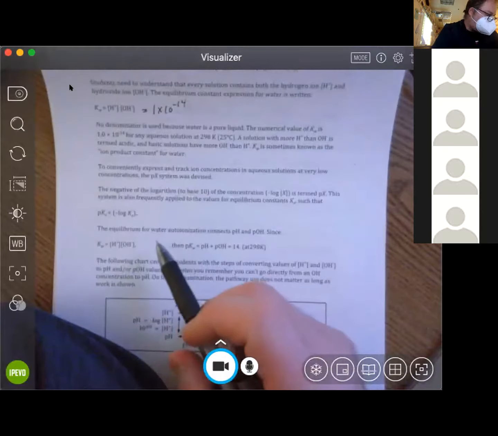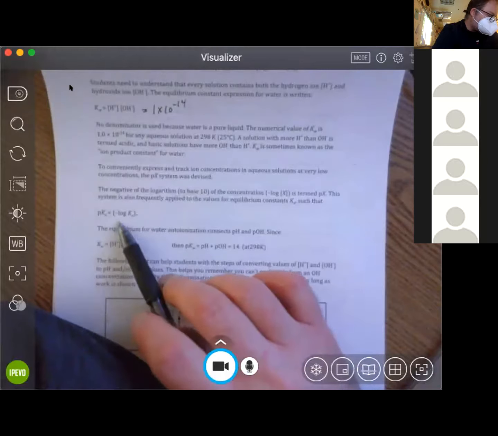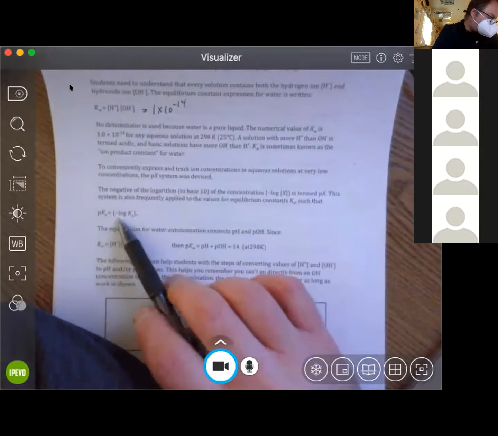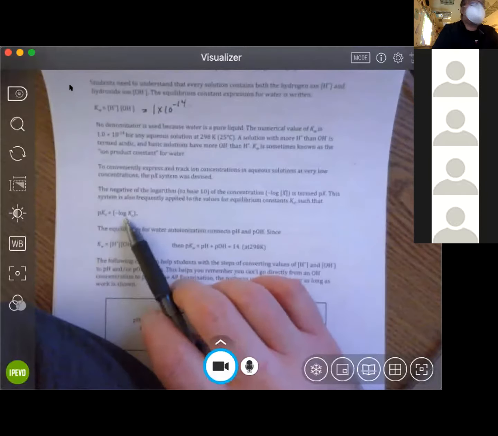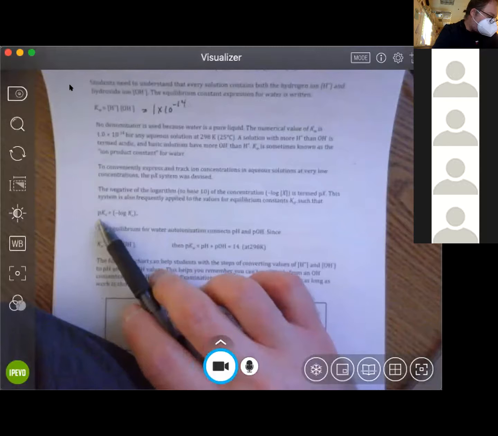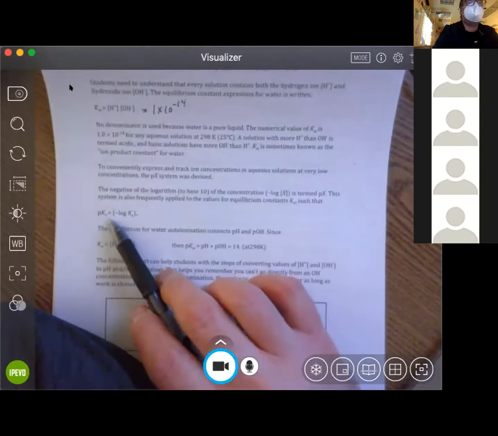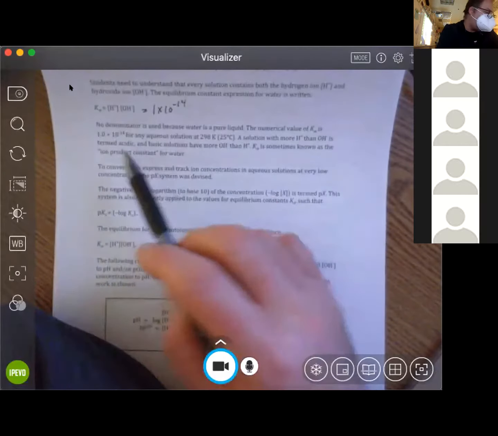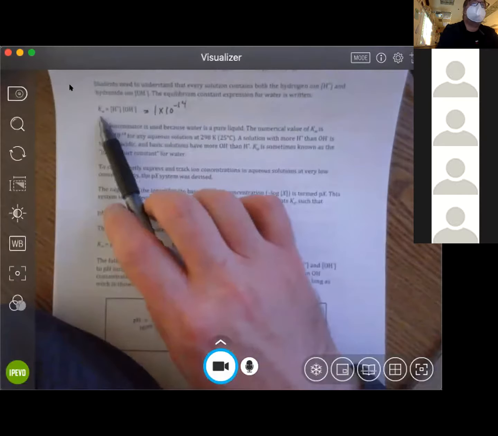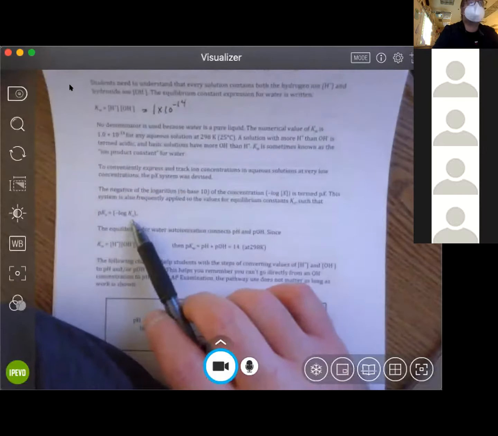So basically, he would find what we call the P of stuff. And that is basically by taking the negative log, we can find the P of it. For example, if you want the pKa, you take the negative log of the equilibrium constant for the acid or the base or whatever.